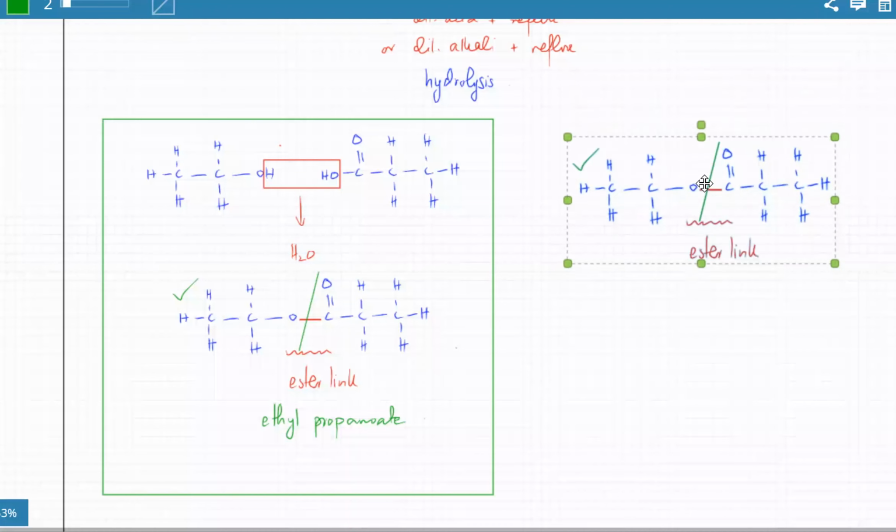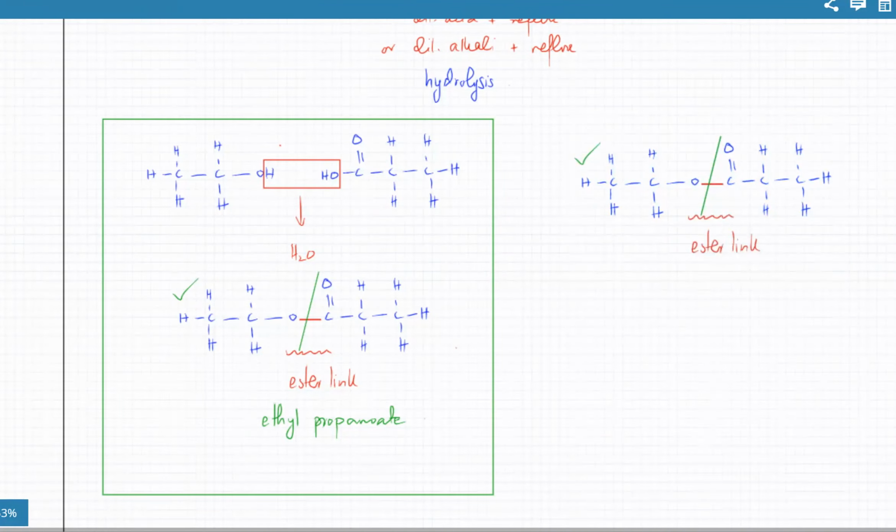So here's a molecule. Sir, so you can't just add water for it to become an alcohol?